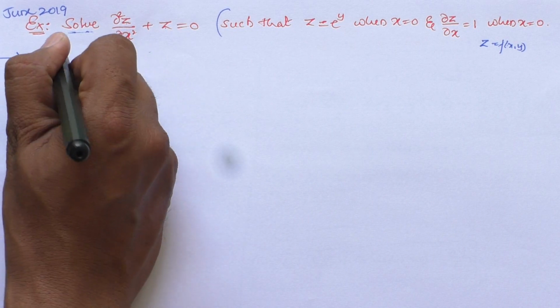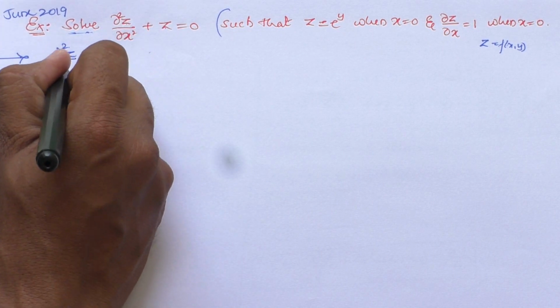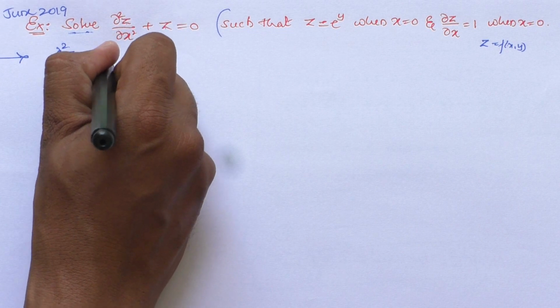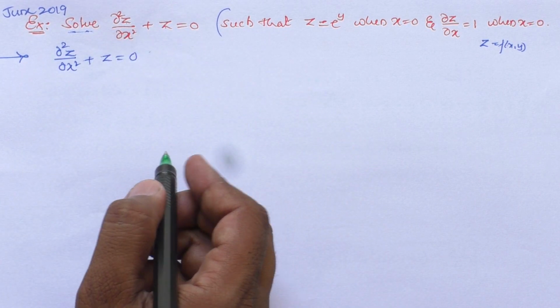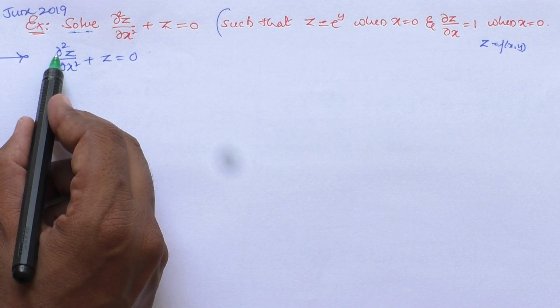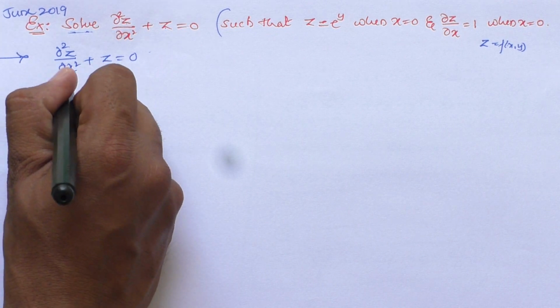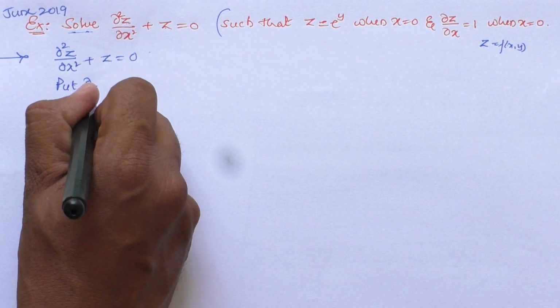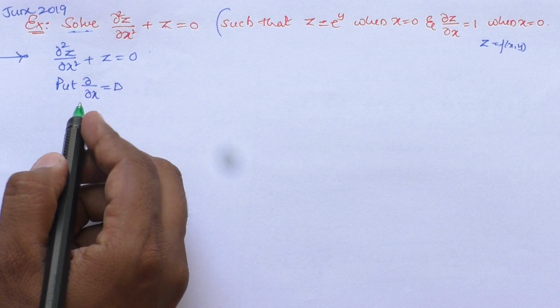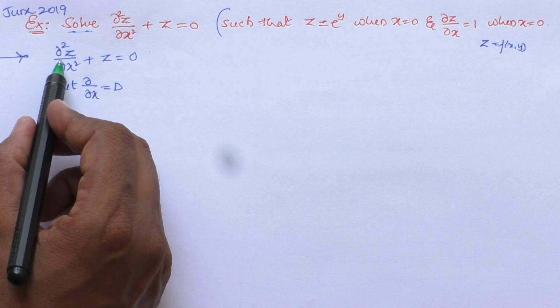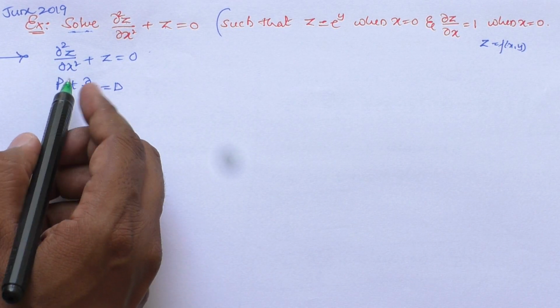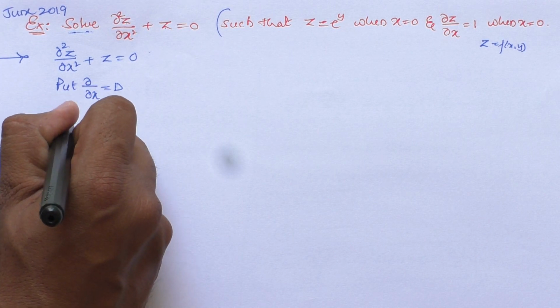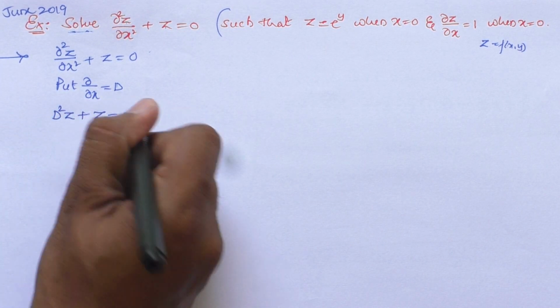Consider the equation dou square z by dou x square plus z equal to 0. Here the derivative is dou by dou x, so put dou by dou x equal to capital D. If you substitute, we get dou square by dou x square as D square, so D square z plus z equal to 0.